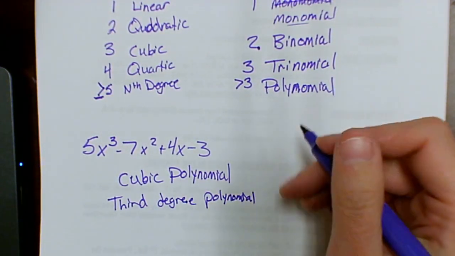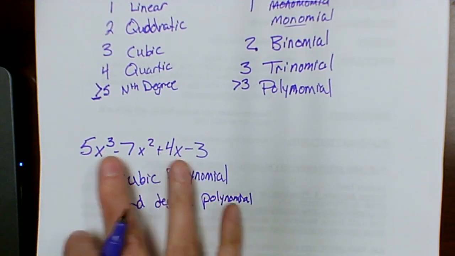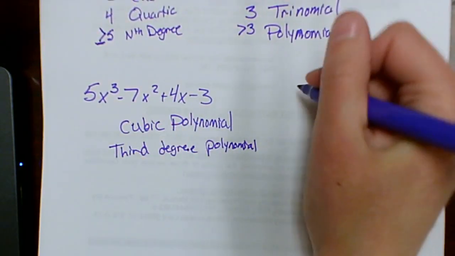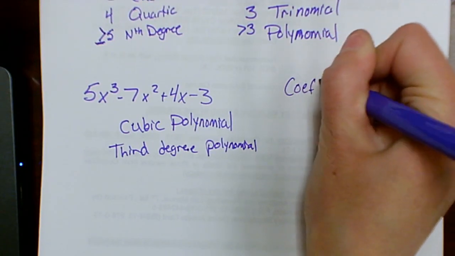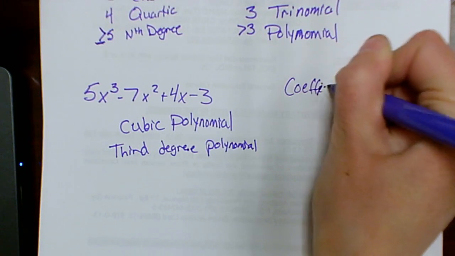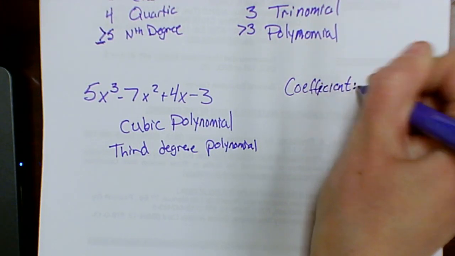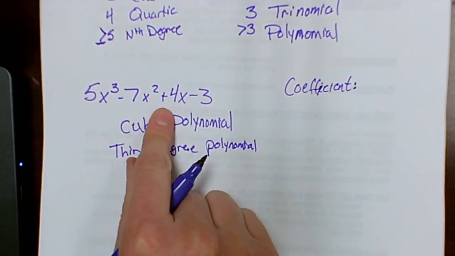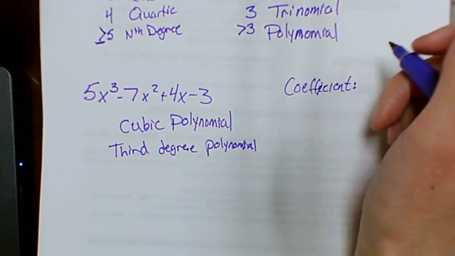Let's look at the values that make up this polynomial. So the first thing we have to talk about are coefficients. Coefficients are the numbers that are in front of the variables.